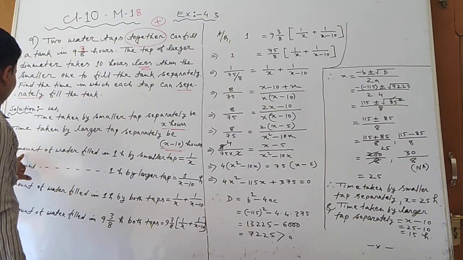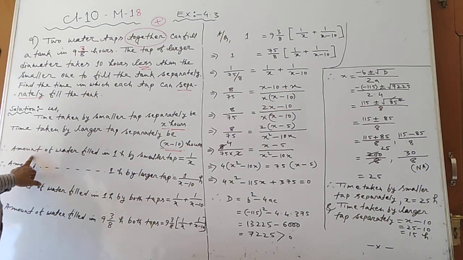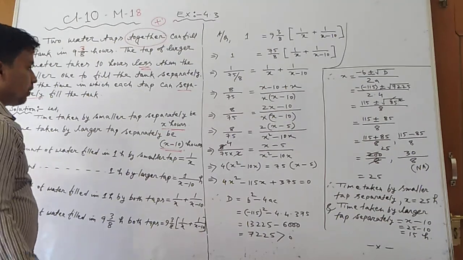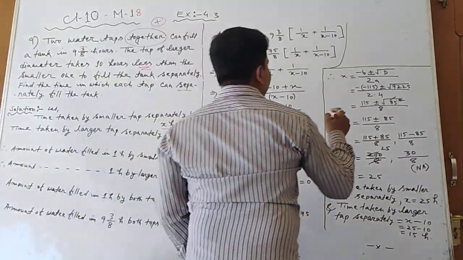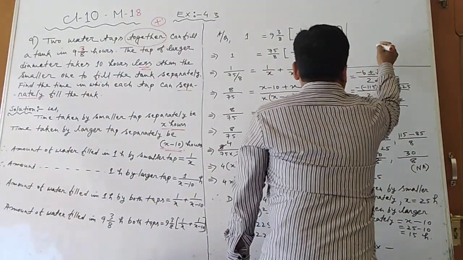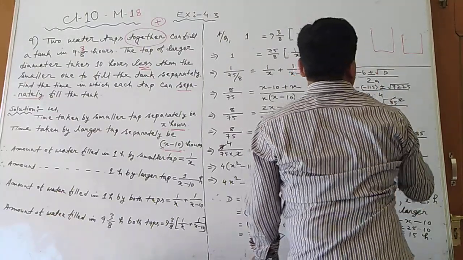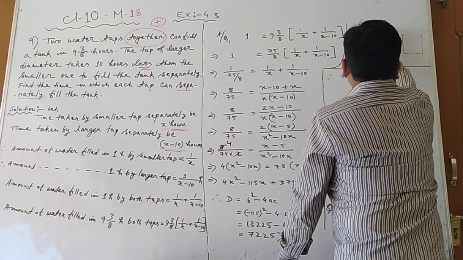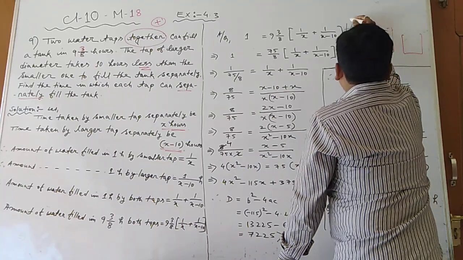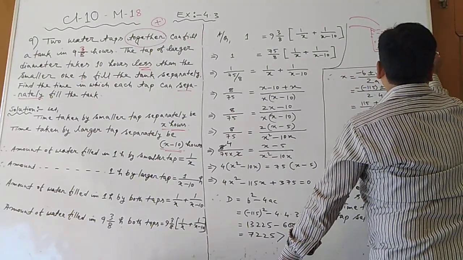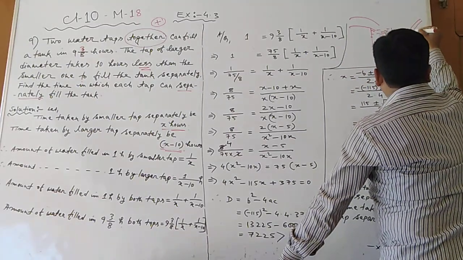Now, we have to find out the amount of work done. When one work is finished, that is denoted by 1. Full tank. Suppose there are 2 tanks of the same size. This tank is filled by the larger diameter tap, and this tank is filled by the smaller diameter tap.